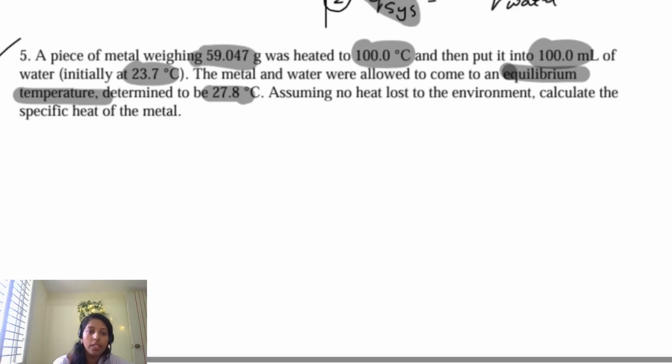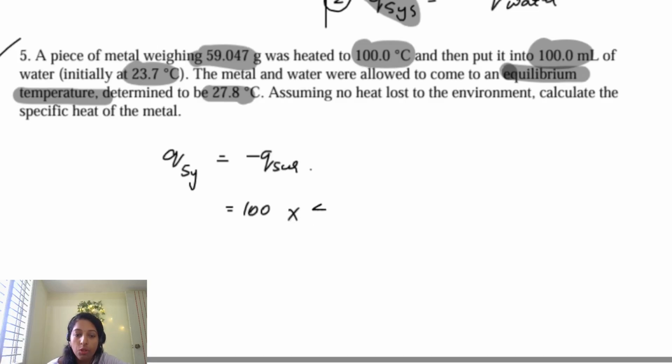Okay, so at that time you can again say Q system is equal to negative of Q surrounding. This time Q surrounding means again the water. This time you don't consider the combined mass, because metal and water will not dissolve, right? So the mass of water here is 100 ml, which means 100 grams because water density is 1. Then C is 4.184 and the temperature difference is 27.8 minus 23.7.